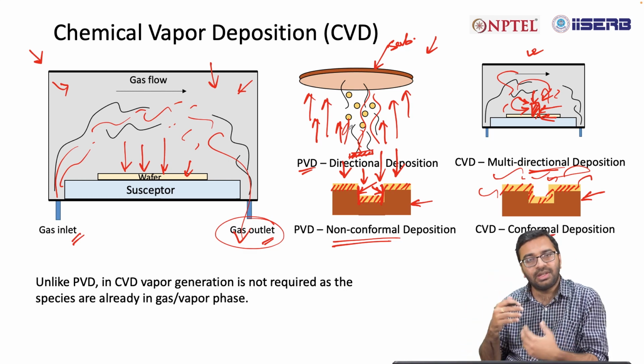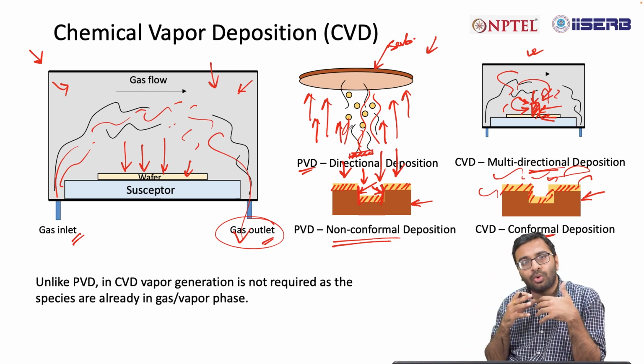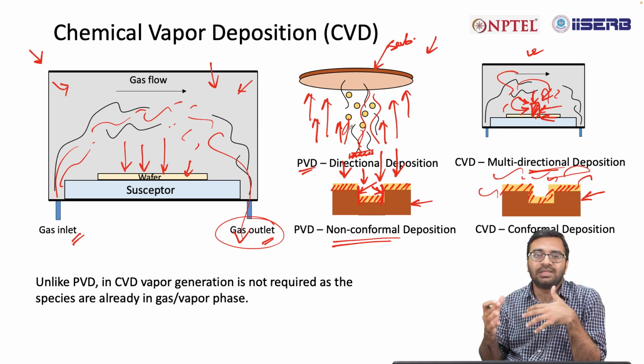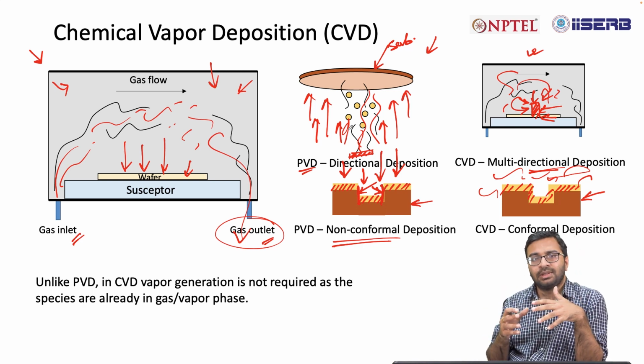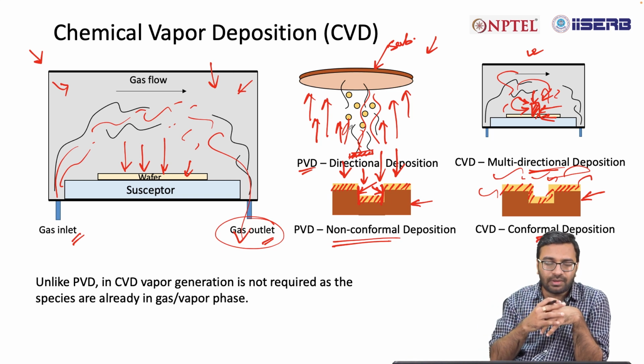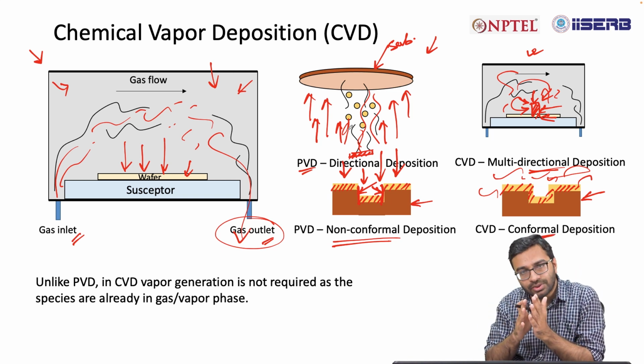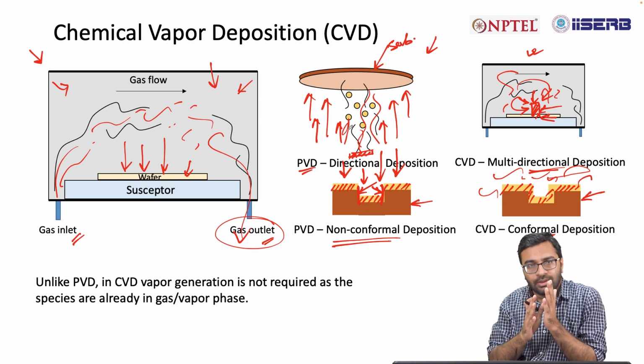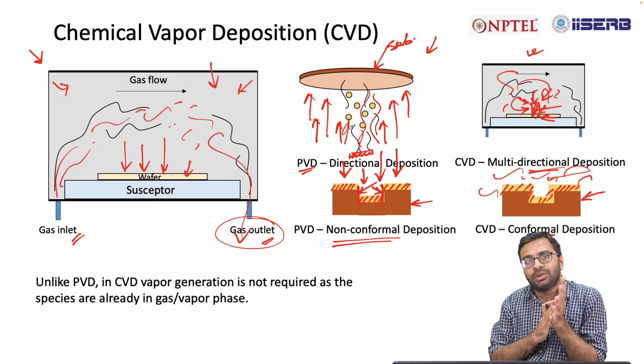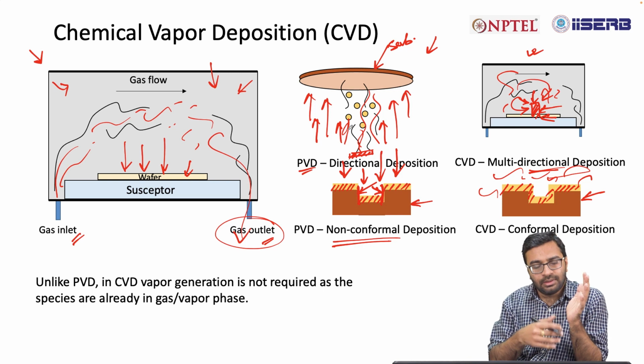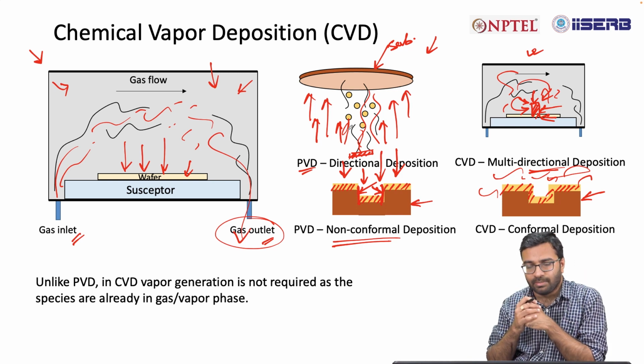However, in case of CVD you are introducing gas itself, so you don't need to generate vapors. These multiple gases will be reacting with each other and with the wafer or substrate, and then the material will get deposited on the substrate. So there is no need to create vapor inside the chamber.